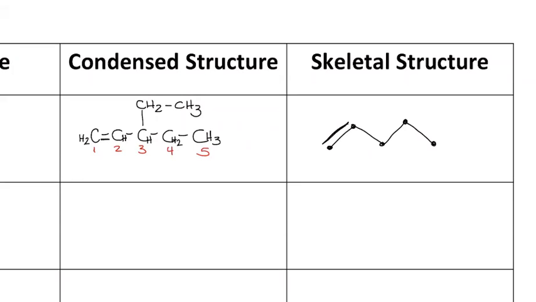Then on carbon number 3, see how carbon number 3 is the vertex pointing down? So when it comes to the logistics of organic chemistry, if you have a vertex pointing down, that means that the substituents will also be pointing down. So my CH2, CH3 has to be going here, because the vertex where I have carbon number 3 is pointing down.